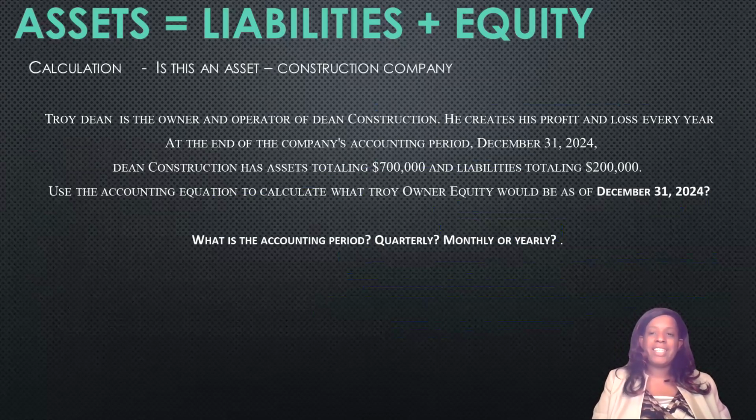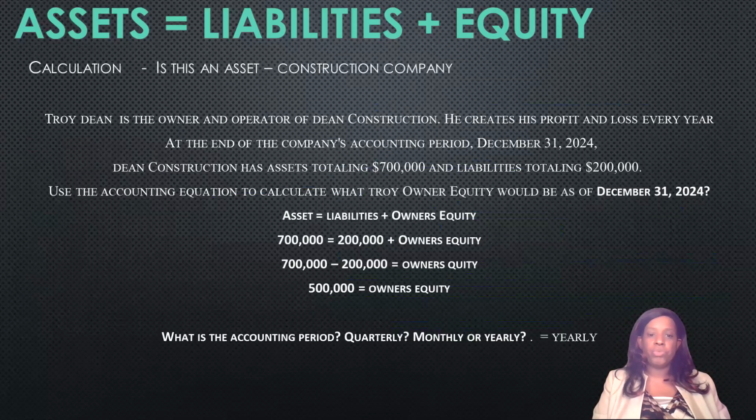So let's go ahead and look at the answer. The accounting equation is assets equal liabilities plus owner's equity. So the asset is how much? 700,000. The liability is how much? 200,000. What is the owner's equity? You're going to plug in the 700,000 under assets, plug in the 200,000 under liabilities, and then you're looking for what? The owner's equity.